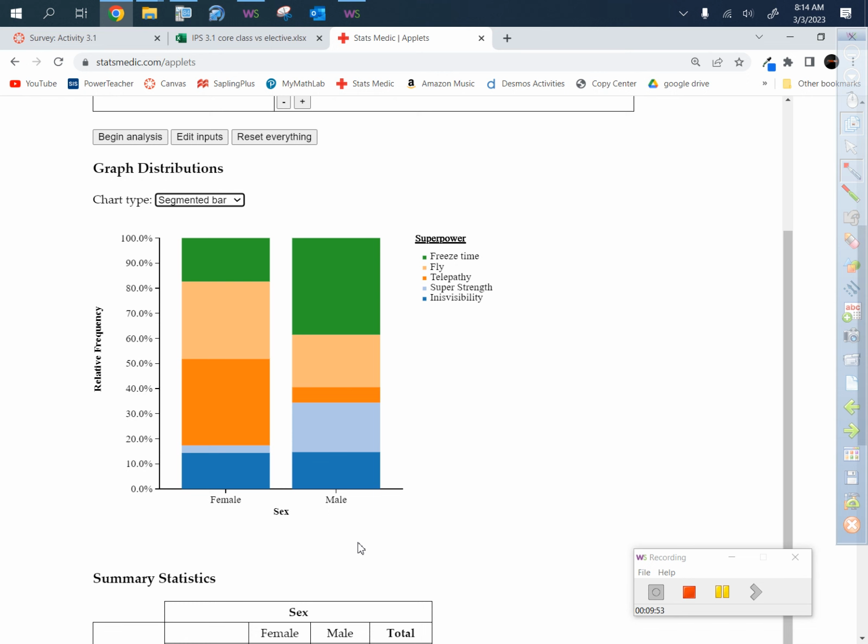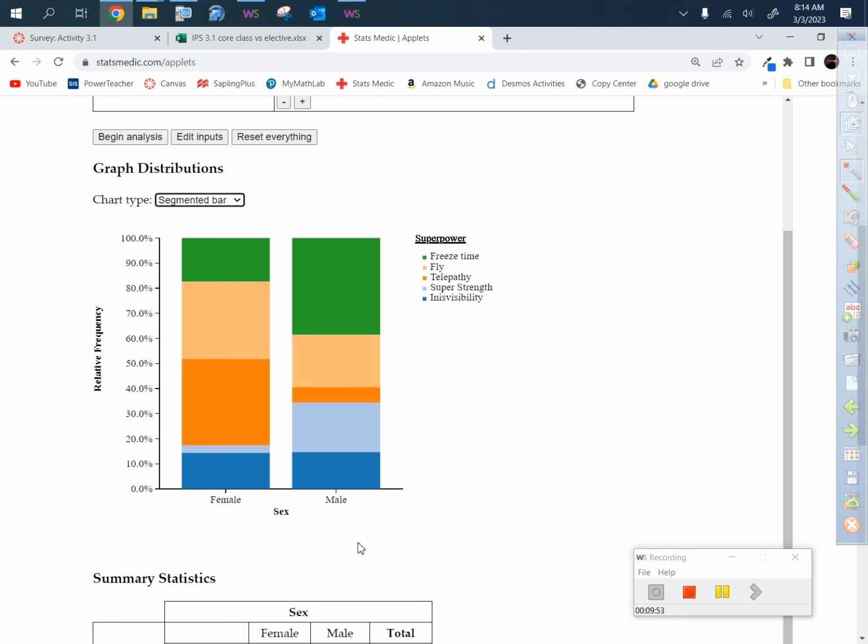Do you think there is an association? If you knew someone was male, could you predict what their superpower was based on what they chose? Being female, could you predict what their superpower was? Is there an association between the sex of the person surveyed and what their response was?